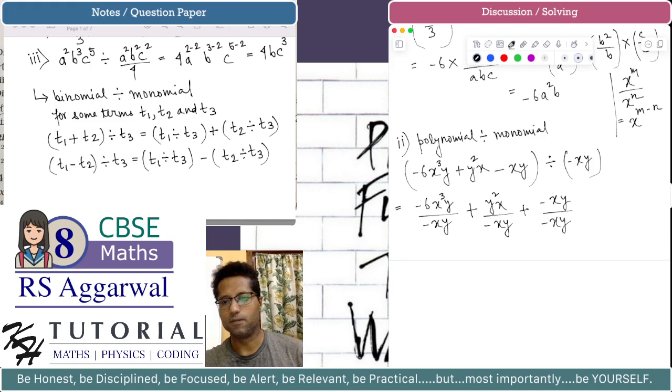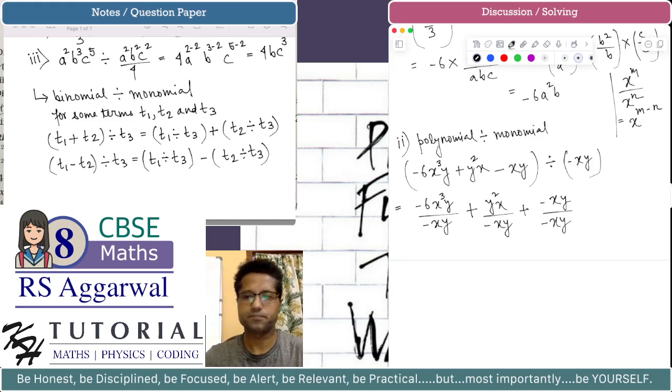Now remember that in the polynomial the terms are minus 6 x cube y, then y square x, and then minus xy.